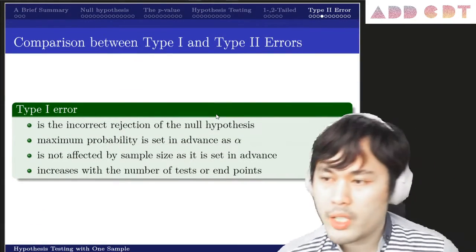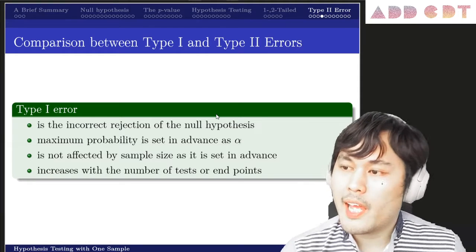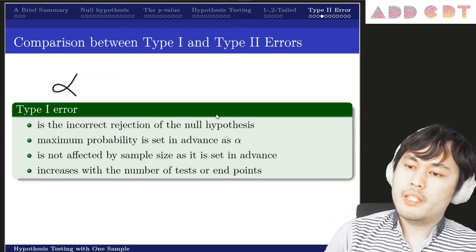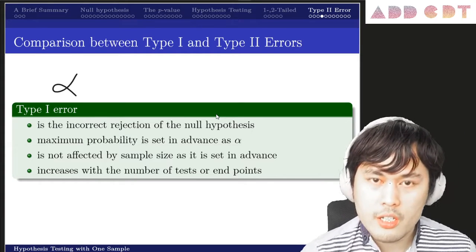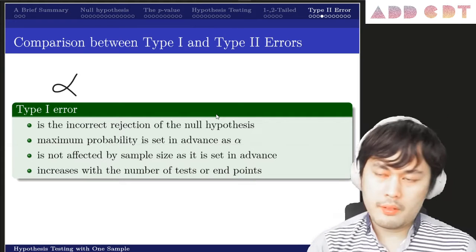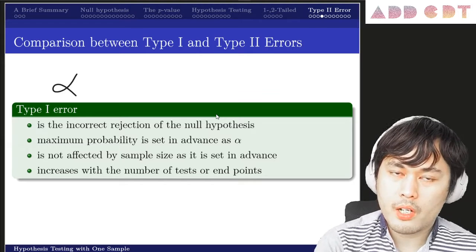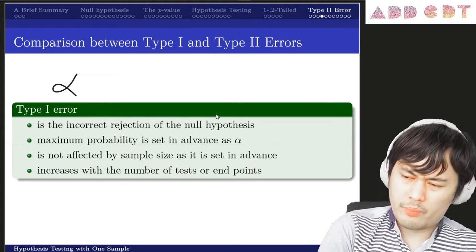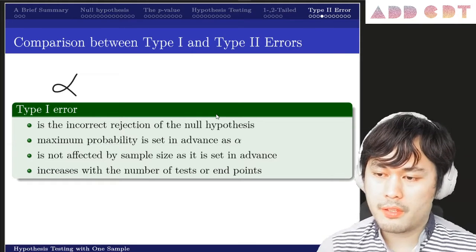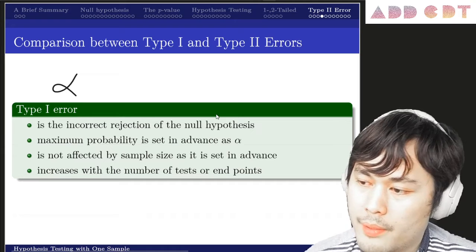So just a quick comparison between these type 1 and type 2 errors. The type 1 error, or alpha, is the incorrect rejection of a null hypothesis. That means this is the chance that we will reject the true hypothesis, and we set that number to be alpha.